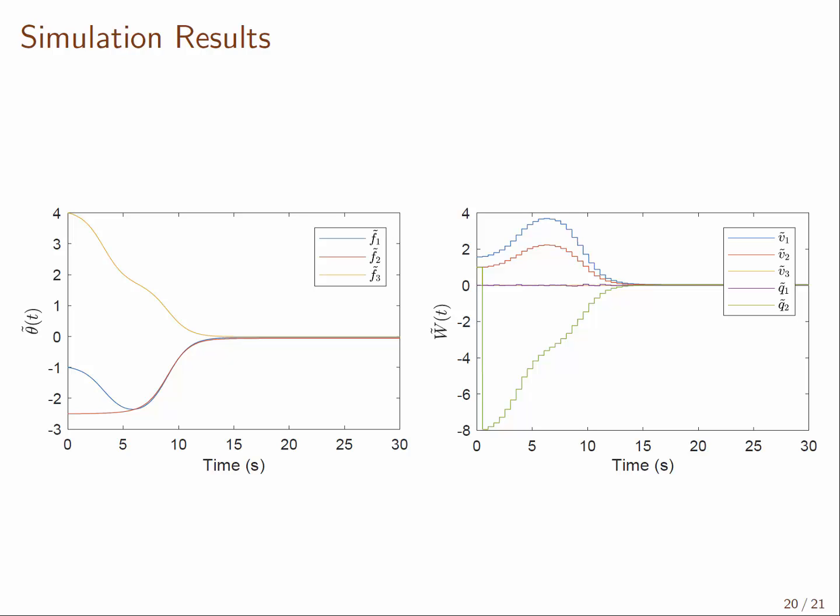Since R here is a scalar, we're assuming that R is known in its entirety. So any unknowns in the control penalty do not appear on this plot because there are no unknowns in the control penalty. And we can see that the estimation errors corresponding to the unknown constants in the value function and the cost function are also decaying to 0.